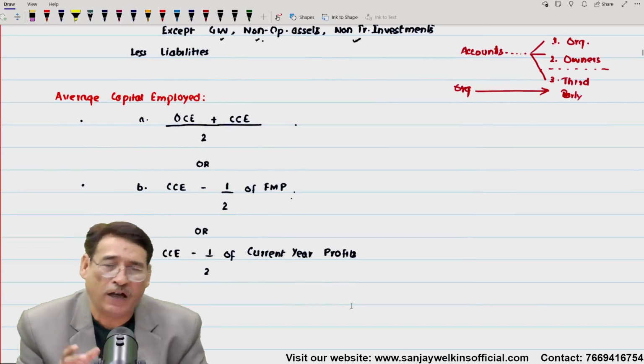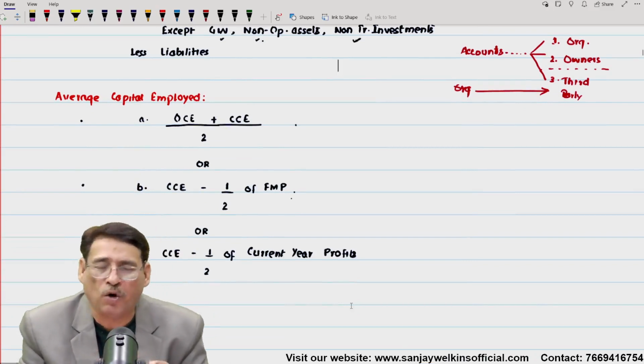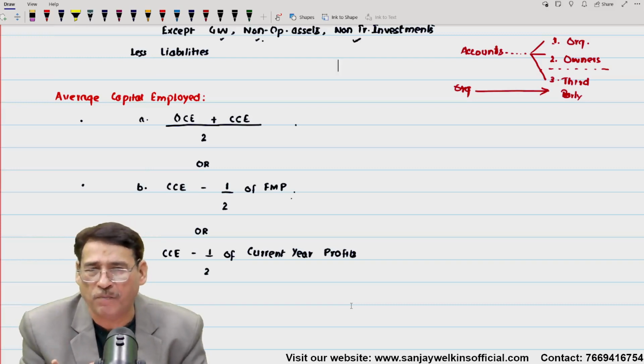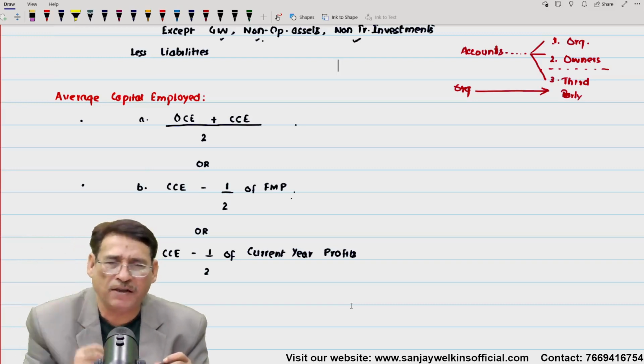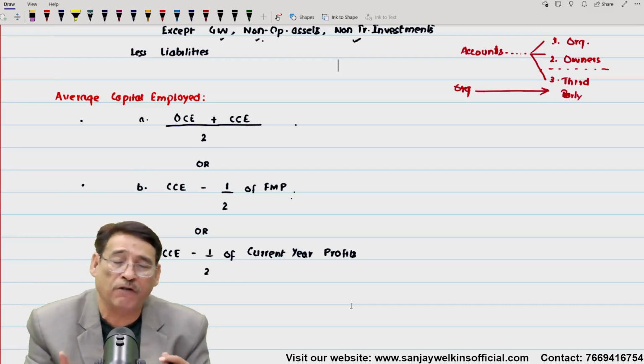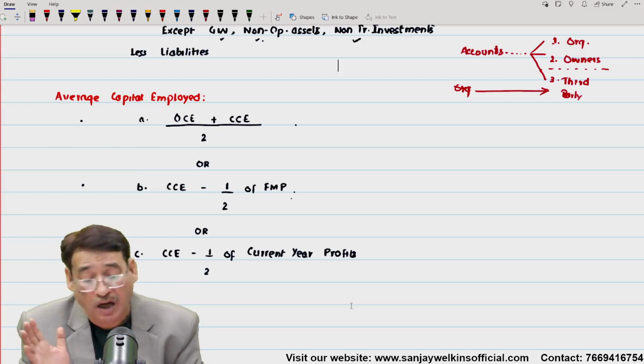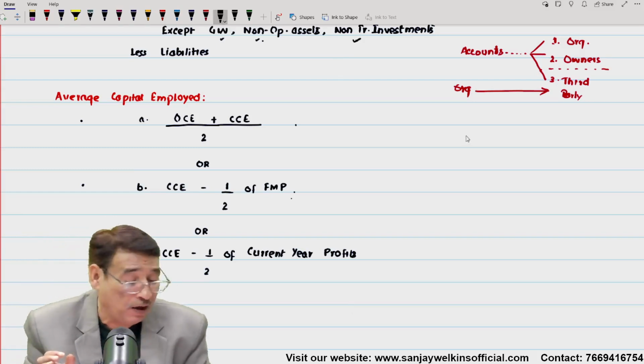Just a moment ago, I also told you that sometimes in the question, the normal rate of return is based upon the average capital employed. Often in the past, I have seen students very confused about when to use average capital employed and when not to use it. I will explain this point here itself.